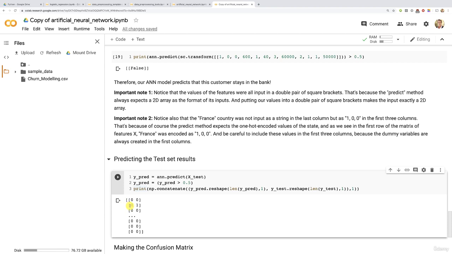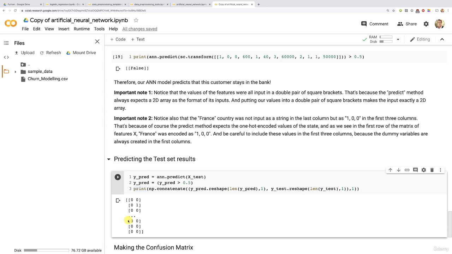However, that second customer actually left the bank in reality, but was predicted to stay in the bank. Then the third customer stayed in reality in the bank and was predicted to stay in the bank as well. And then, for these three last customers of the test set, well, they in reality stayed in the bank and were predicted to stay indeed in the bank.